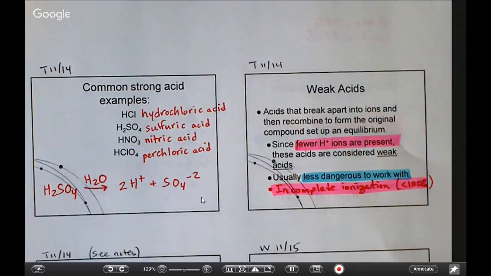A lot of folks think strength and concentration mean the same thing, and they don't. They're very different. Concentration is the mathematical part we did in solutions, like how many moles per liter, and strength refers to how many ions it produces.